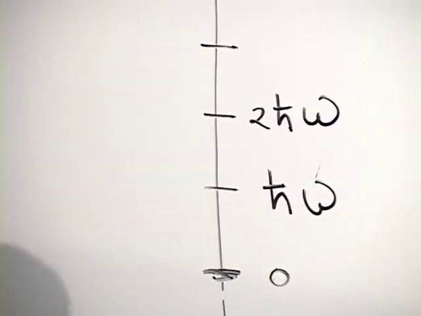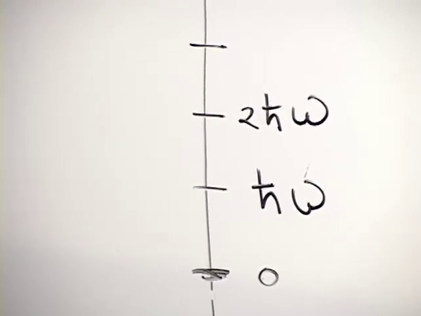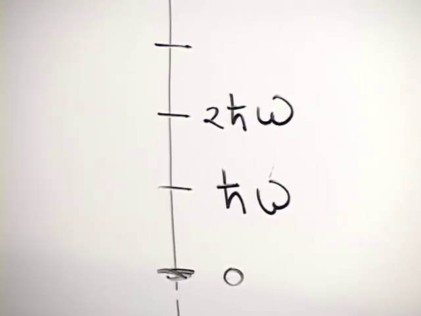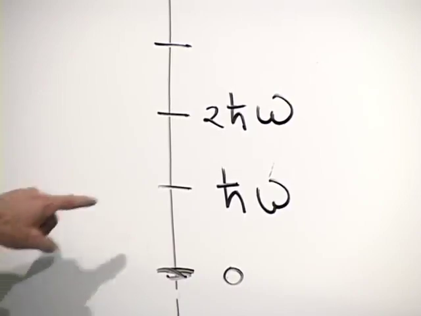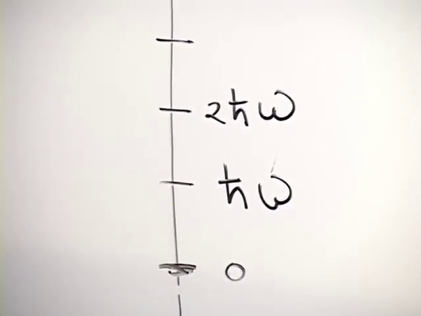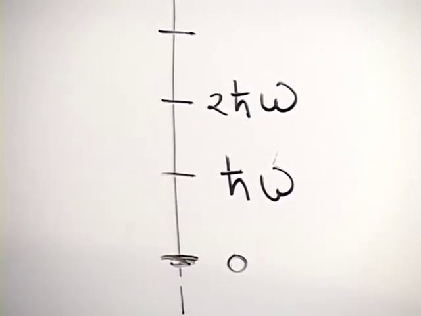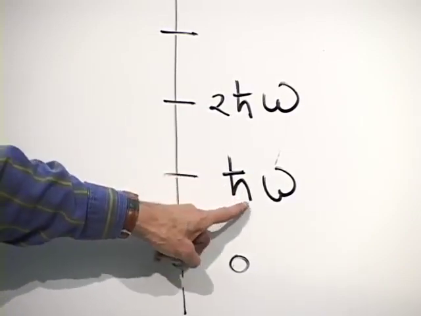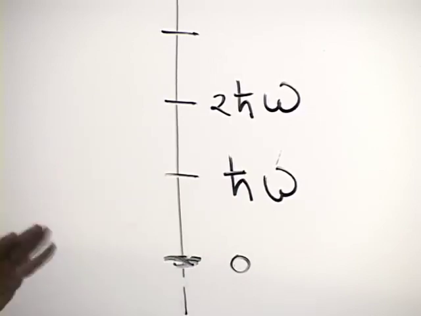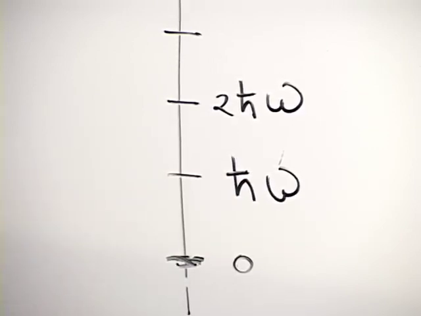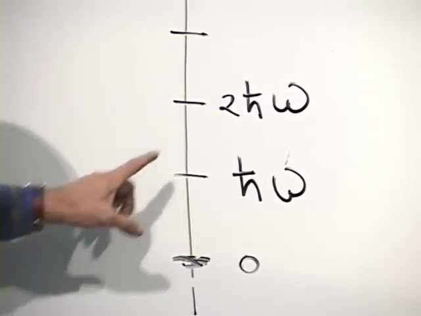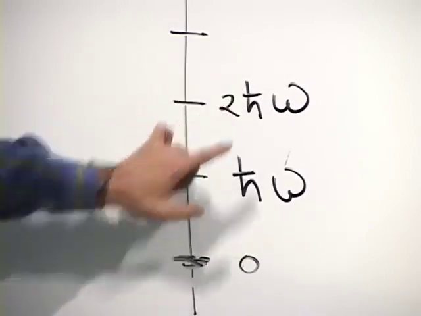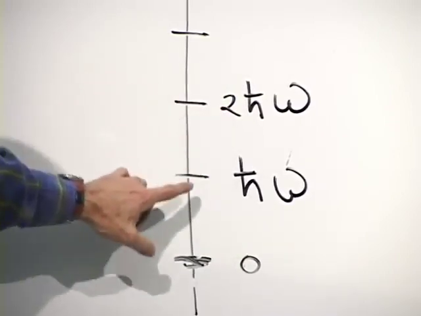That could either be the energy of a single photon associated with a frequency twice as big as the first one, or it could correspond to 2 photons, both associated with a wave of frequency omega. It's the second idea that I want to dwell on, that this has the same energy as 2 photons.